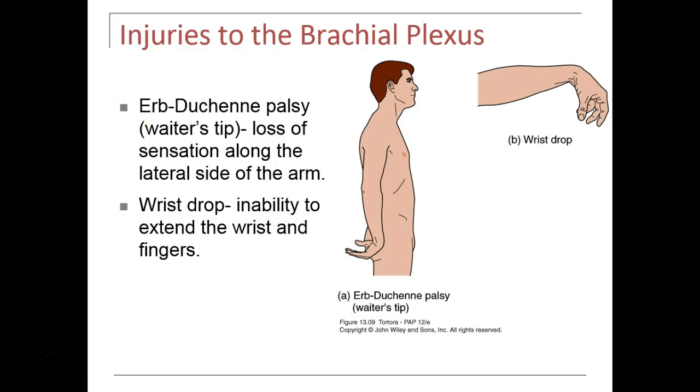So in this picture, you can see that the individual has a flexed wrist, and really the fingers would be flexed. They just don't show it all that well, but the wrist is flexed, and they lose sensation down the medial to lateral part of the arm, and have the inability to extend the wrist and fingers. So they can't make their wrist straighten back up, in other words. That's called the Erb-Duchenne palsy.